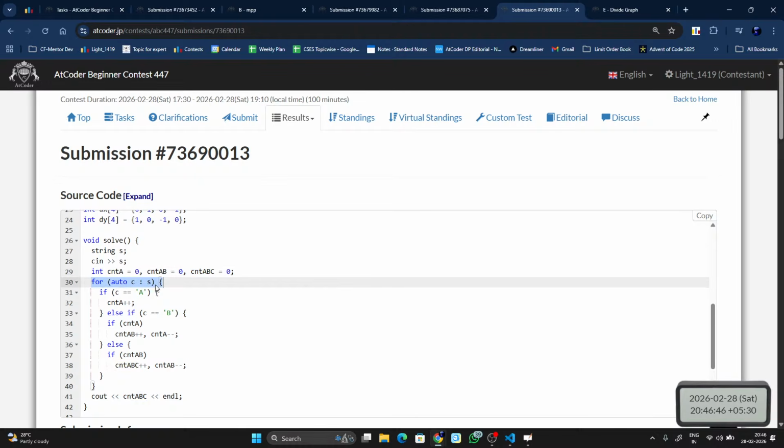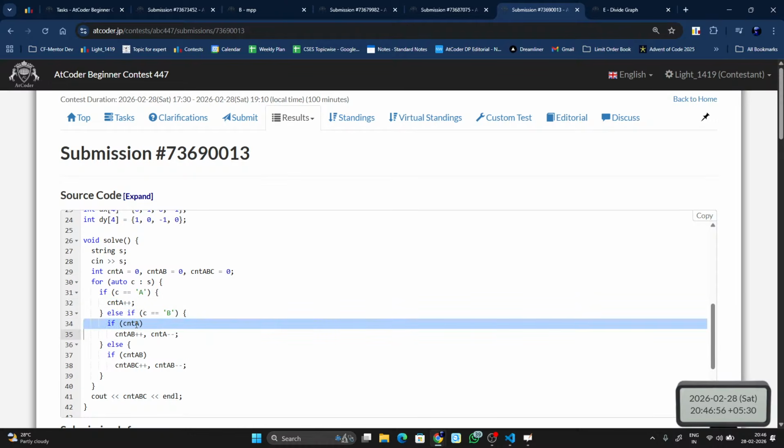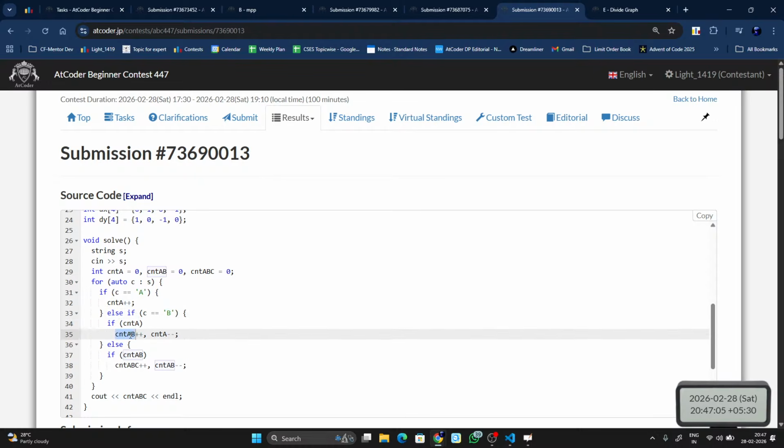And then I'm iterating over the string for each character. If the character is A, then I'm incrementing the count of A by 1. Else if the character is B, then I'm checking, does there exist any A behind this B which is not already paired? That is denoted by count A. If count A is 0, then I cannot make an AB pair, right? So first I will check if count A is greater than 0. If it is, then I increment the count AB by 1 and I decrement the count A by 1.